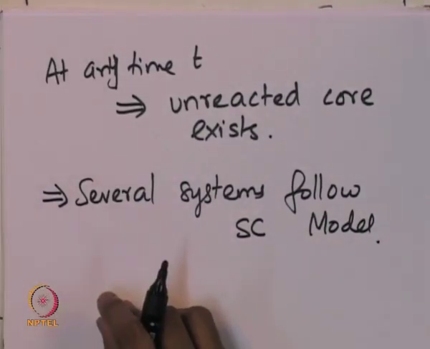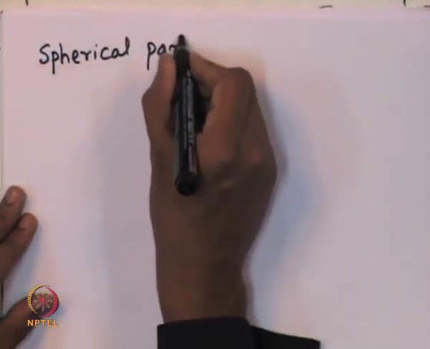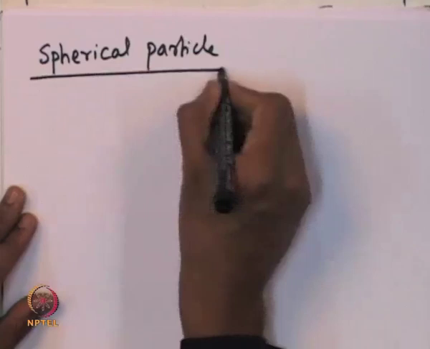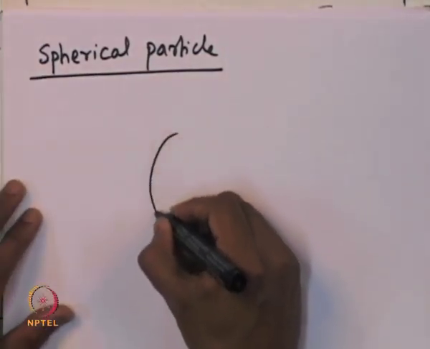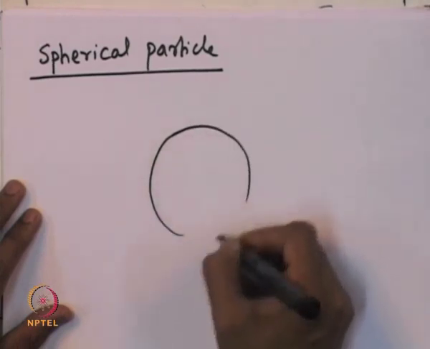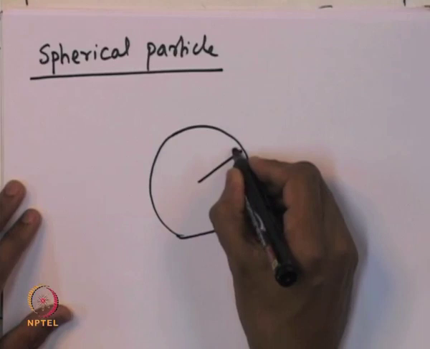Now, let us look a little deeper into what exactly happens in the shrinking core model, because it is very relevant that many systems follow it. Suppose we assume that it is a spherical particle of radius r.